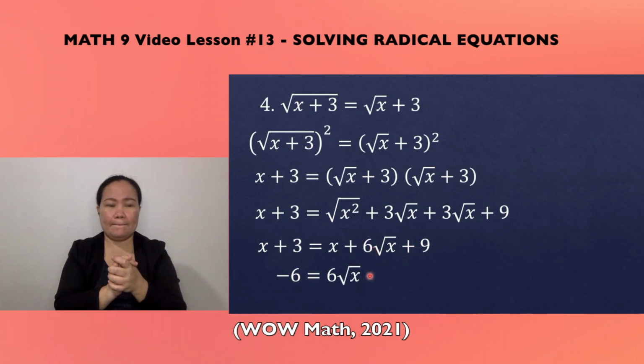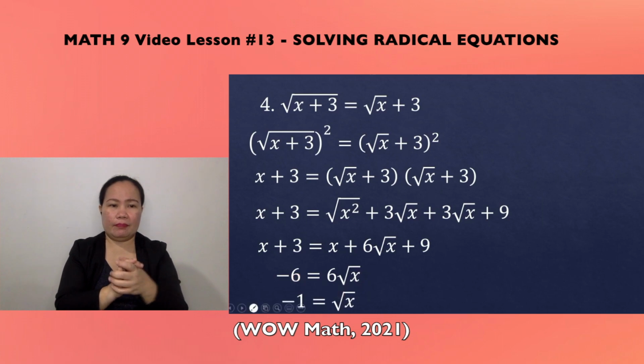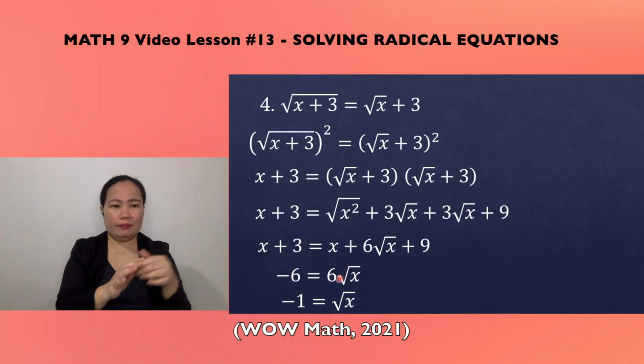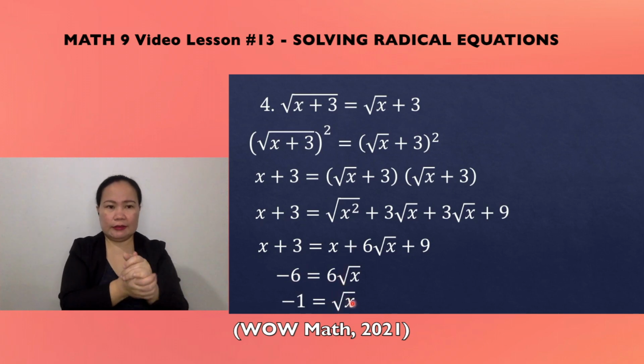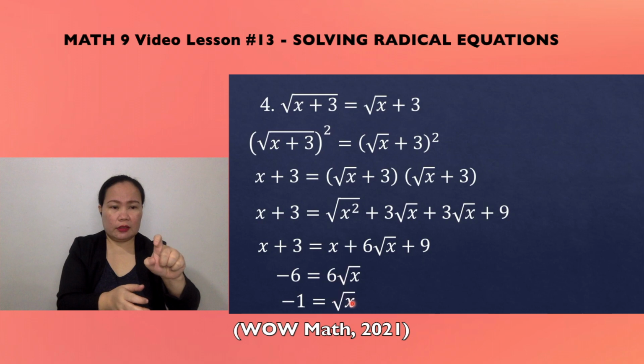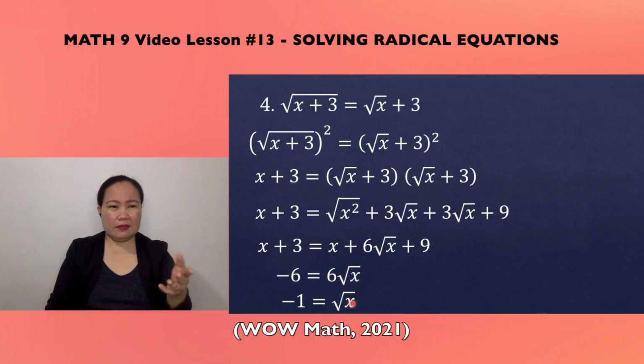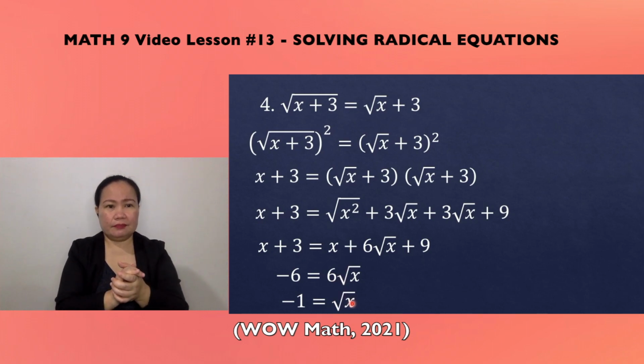Right? So, after that, since we will solve for the value of x, we divide both sides by 6. So, negative 6 divided by 6, the answer is negative 1. And 6 divided by 6 cancels, leaving only square root of x. Since it is still a radical, the radical term remains.